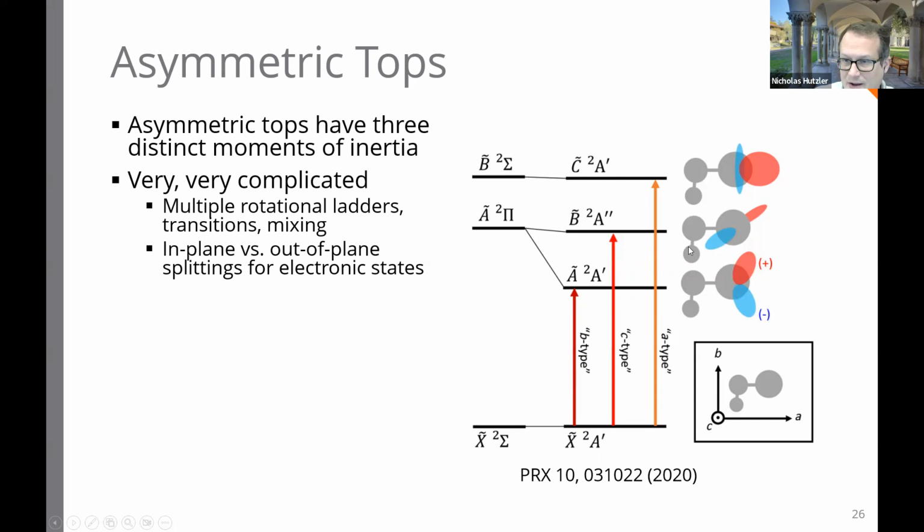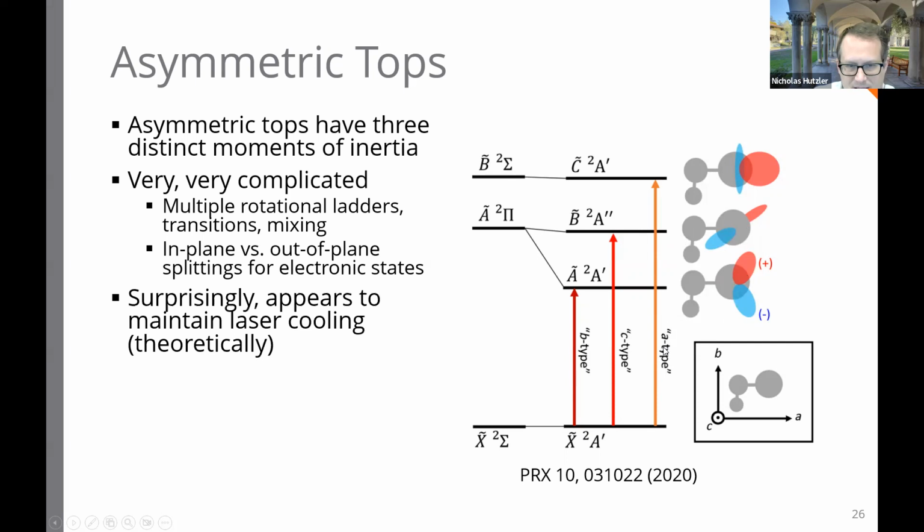But when you have, say, a bent molecule giving you some symmetry breaking between these 2 directions, now these 2 states are distinct electronic states. So I won't say anything about their detailed structure, largely because I don't really understand it. However, surprisingly, these appear to maintain their laser coolability.